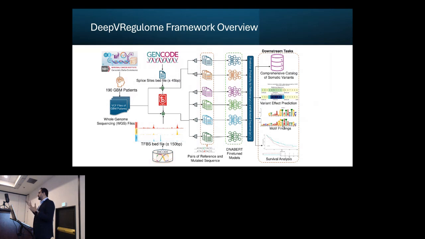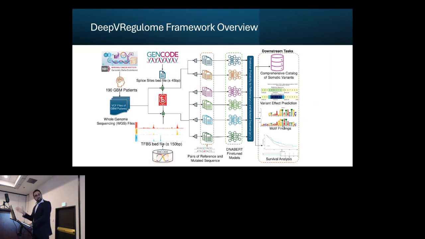Second, once we get the candidate variants, we check how they change or associate with the attention regions. Third is motif finding, like how those models find different known motifs in transcription factor binding sites. And finally, survival analysis.